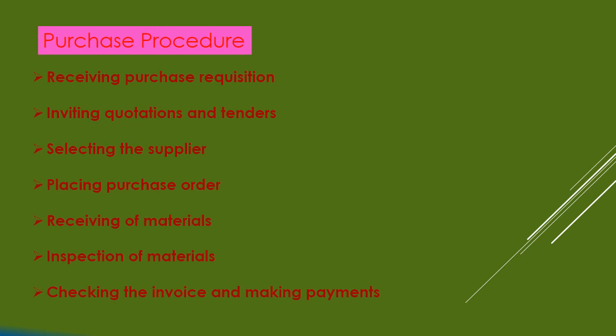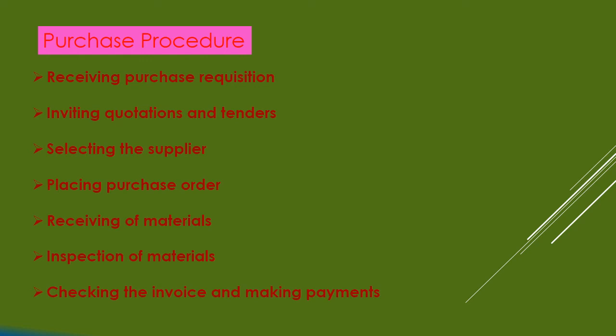After getting the purchase requisition, the purchase department should invite quotations and tenders from the suppliers. After getting the quotations and tenders, the supplier who has given the best terms of price and quality will be chosen.